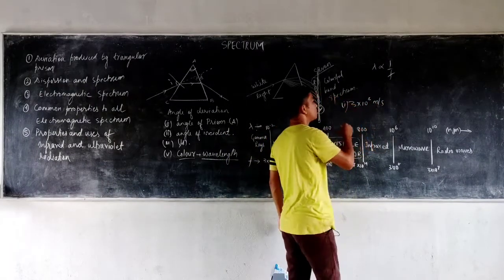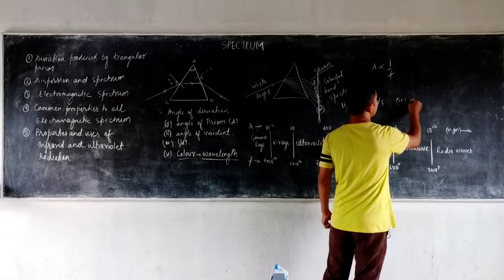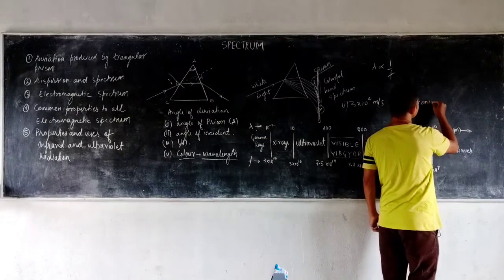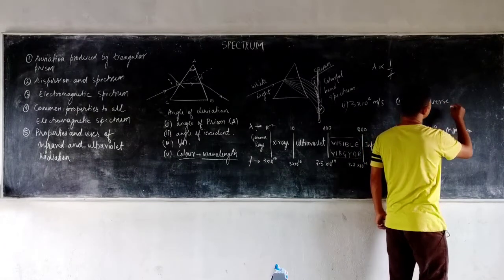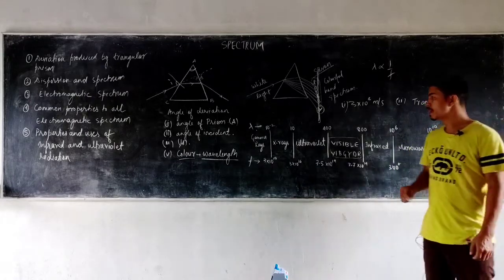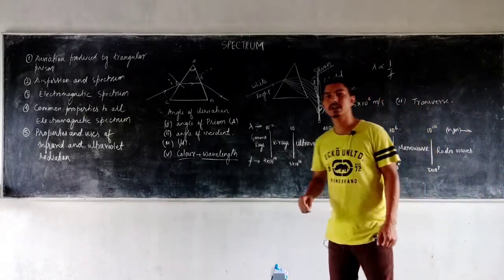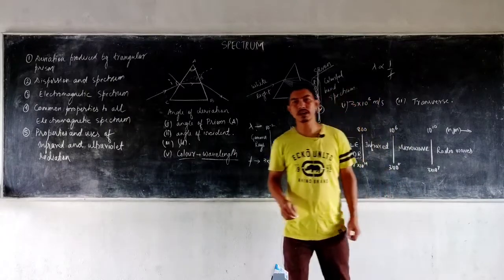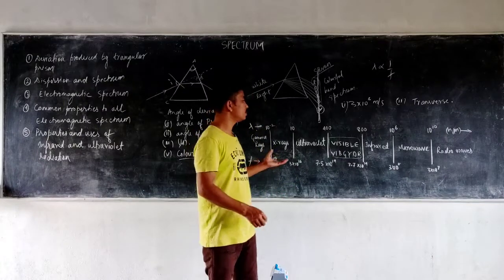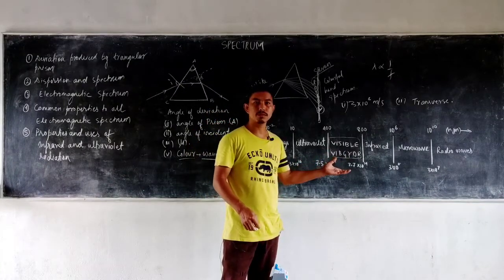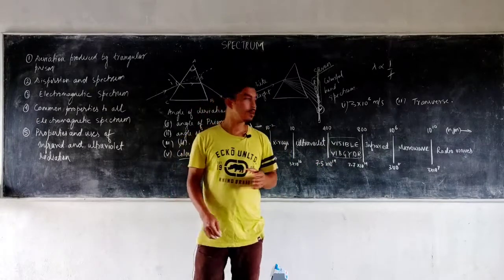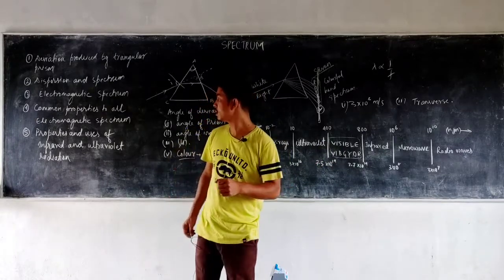The second one: all of them are electromagnetic waves, so they are transverse in nature, and all of them are deflected in an electric field or a magnetic field. Though their physical properties, production and uses may be different, there are many common properties between all of these electromagnetic waves.